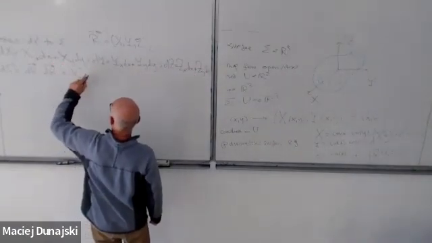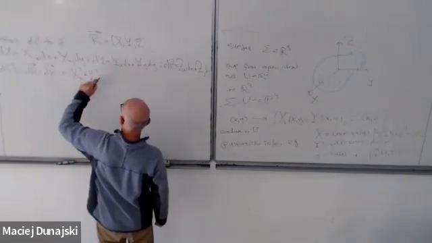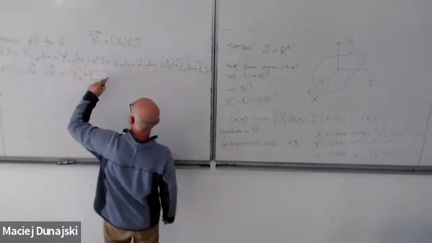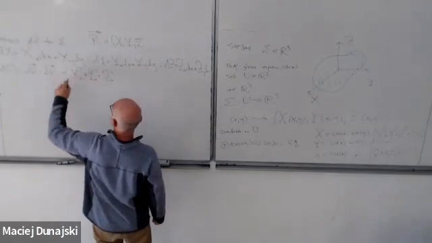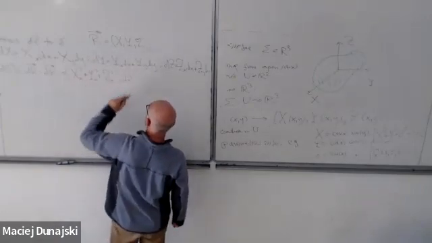x_x squared plus y_x squared plus z_x squared, this times dx squared.